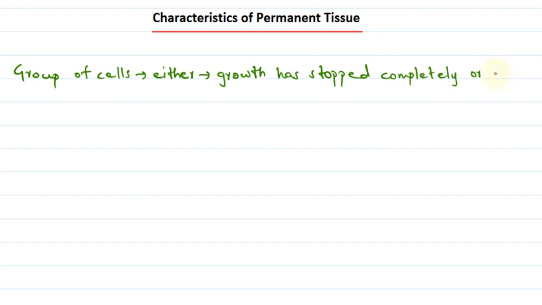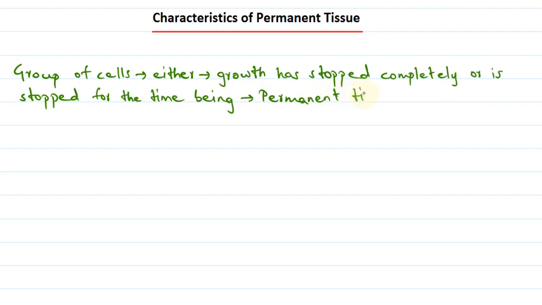Such cells, in which the growth has either completely stopped or is stopped for the time being, are called the permanent tissue. So this is the definition of permanent tissue.